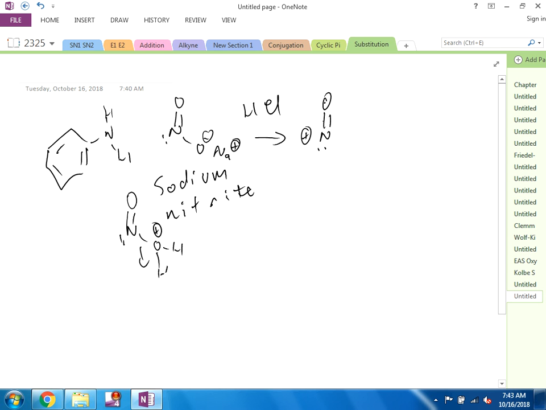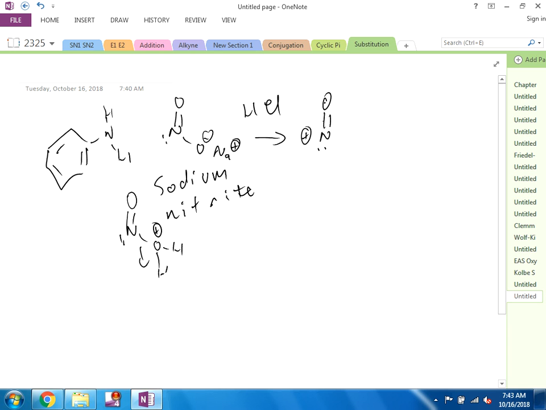Okay. And you can draw an alternative resonance structure, like a triple bond between the oxygen and the nitrogen right there. So if NO was nitroso, what's the name of this one, because that has a positive charge? Nitrosonium, right?